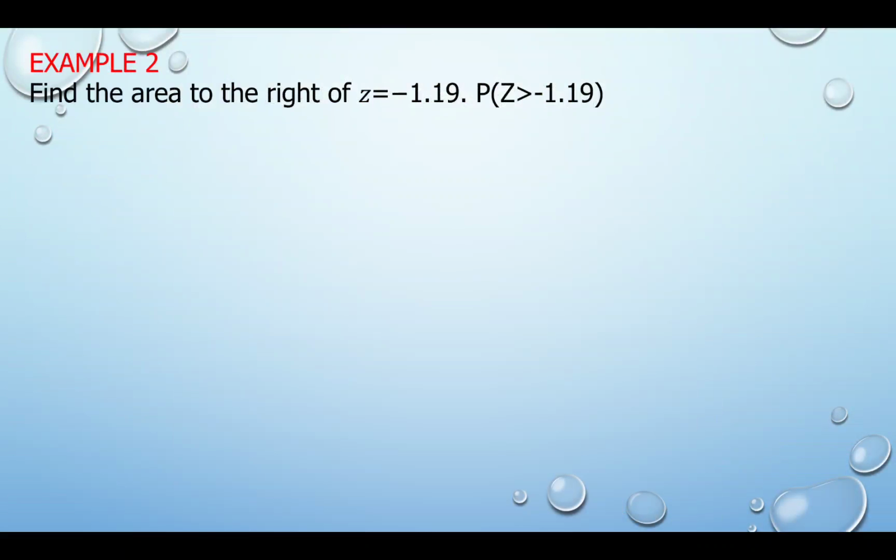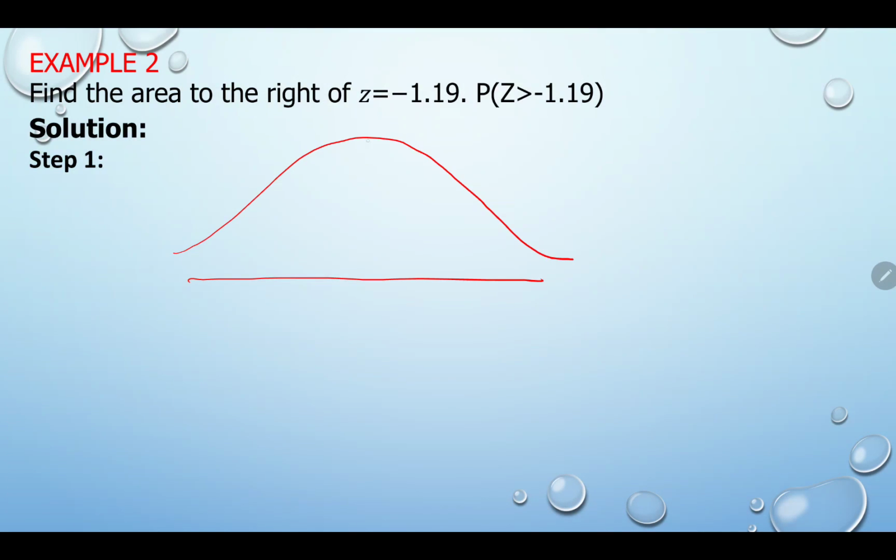Let's have another example. Find the area to the right of Z equals negative 1.19. So, greater than. So, unang solution is to draw. Yan. Magdodraw muna tayo. So, locate the 0. That's our mean for standard normal curve.